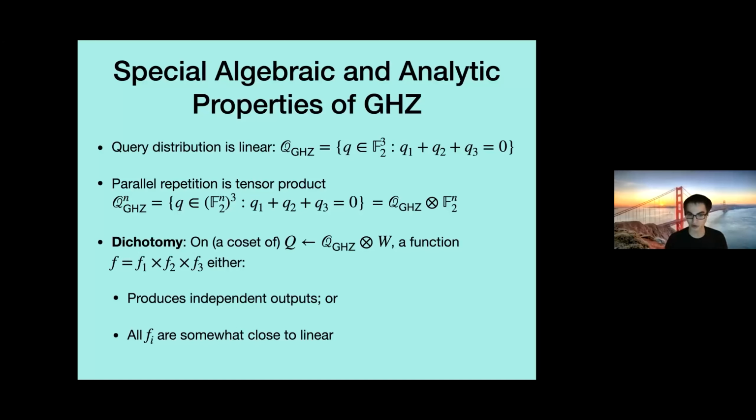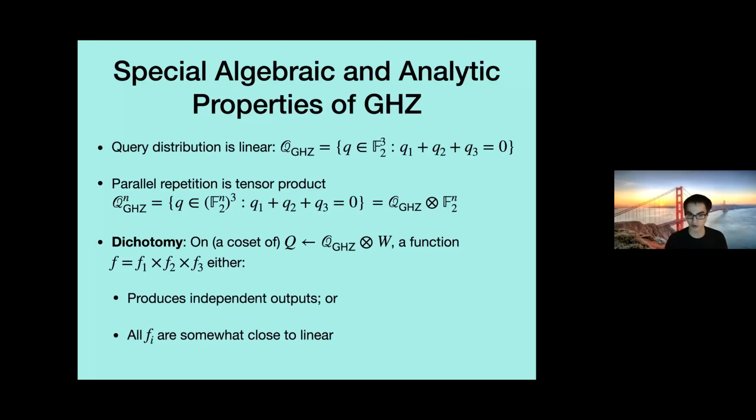It's a little intuitive, but the way to prove it is with Fourier analysis, which I'm going to skip. So anyways, these are basically the special properties of the GHZ distribution that I'm using.